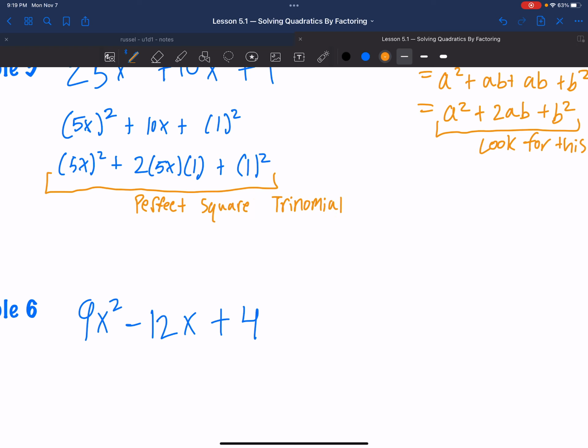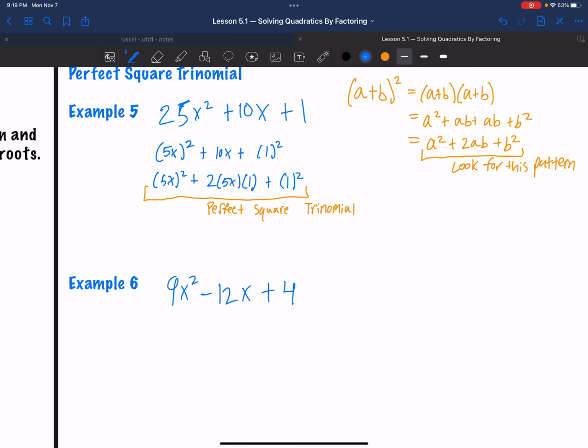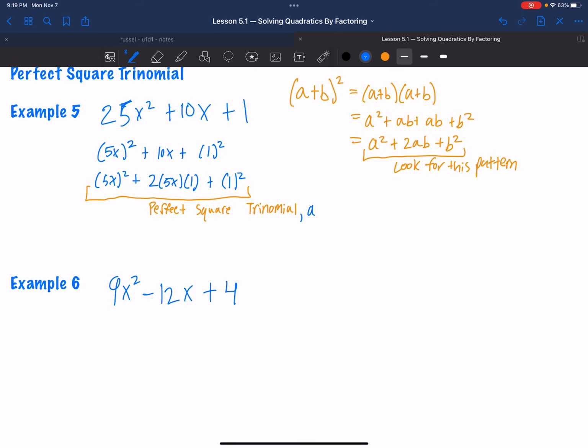Now it looks good. So then, A equals 5x, B equals 1. So this factors as 5x plus 1 squared. Done.